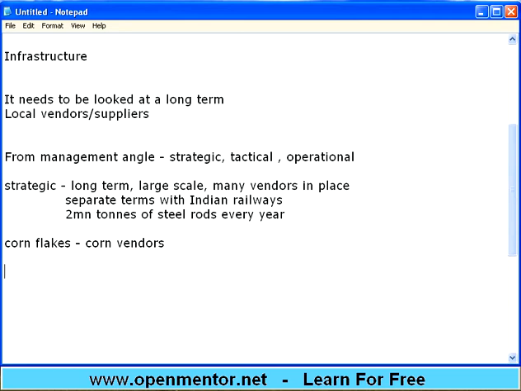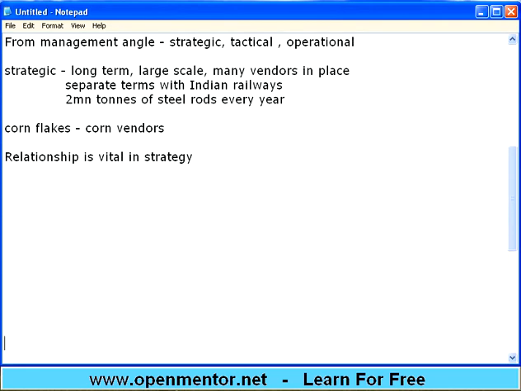Corn vendors are available only in certain geographic spaces, and you need to have a lot of relationship. Relationship is vital in strategy. That means you can rely on their banking, their support on a long term, maybe decades.